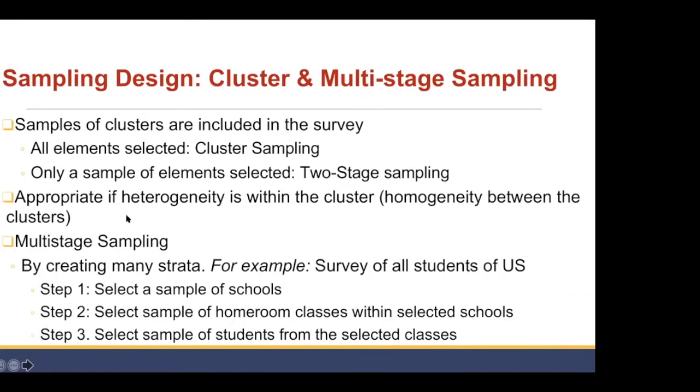Next slide, please. Another thing that is very common, again, is cluster sampling, and cluster and stratification are the basic ways of grouping the population. And then there is multi-stage sampling. In stratification sampling, we followed the rule of population proportions.